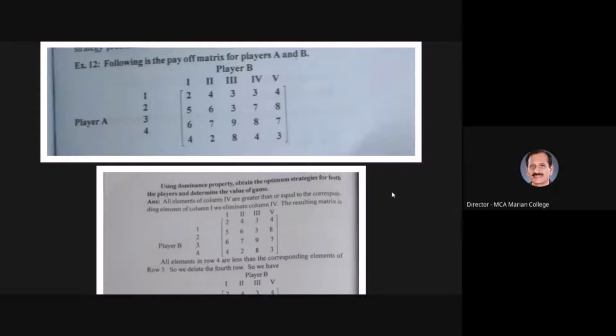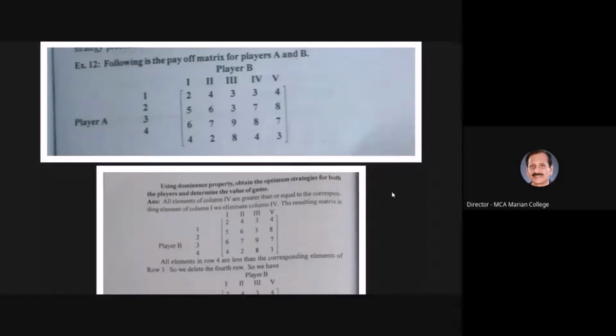In the same way, rule 2 is, if you have the values of a particular column greater than or equal to the corresponding elements of another column, we can eliminate the former column. That means the column where the values are greater than or equal to some other column, you can eliminate that.